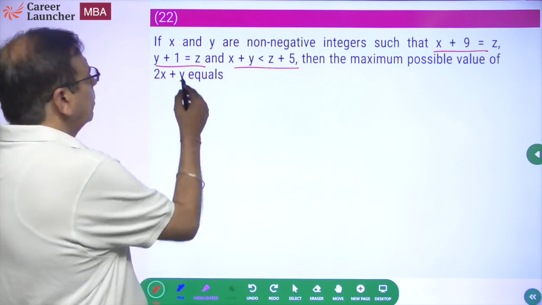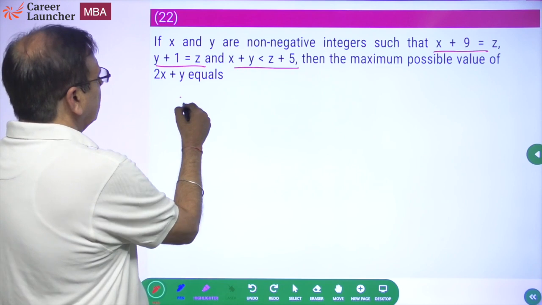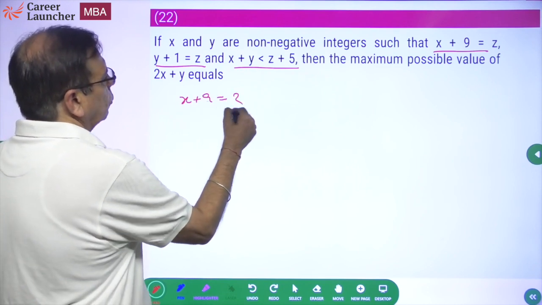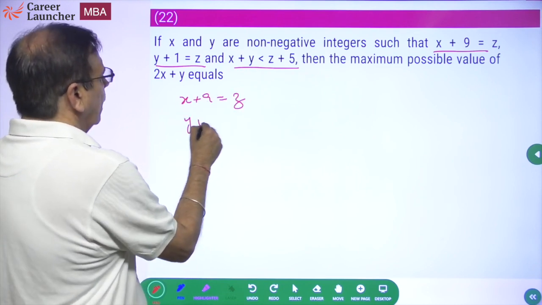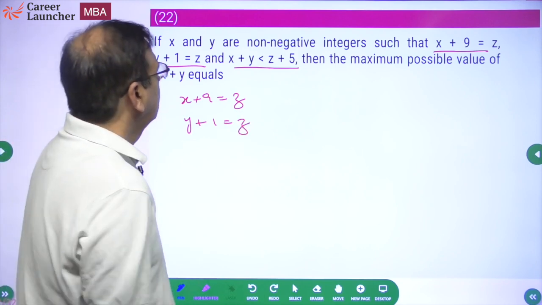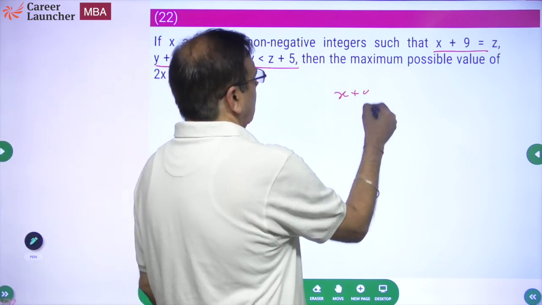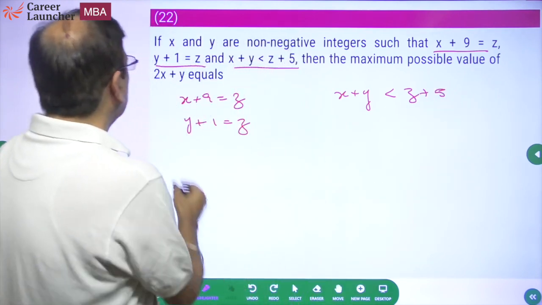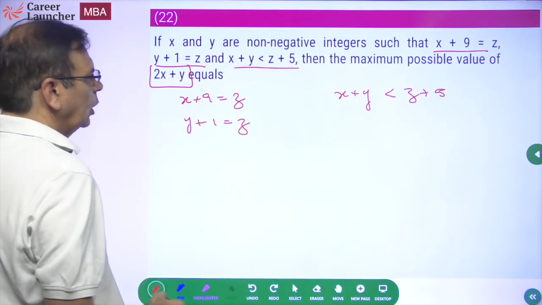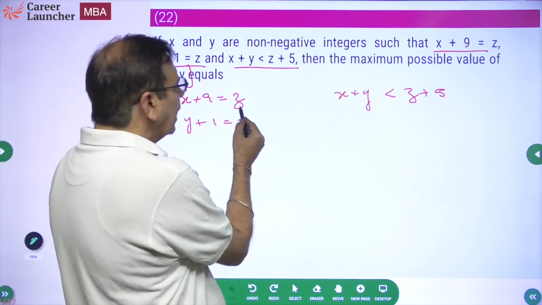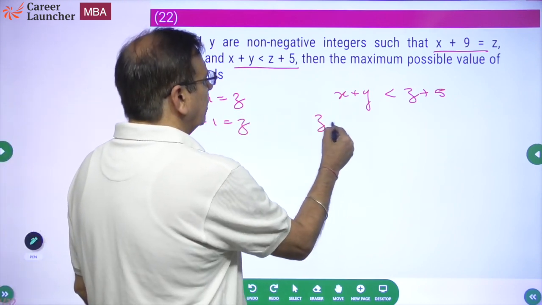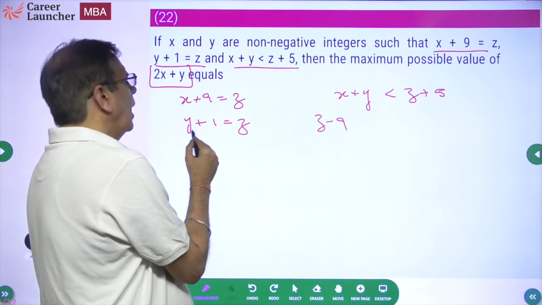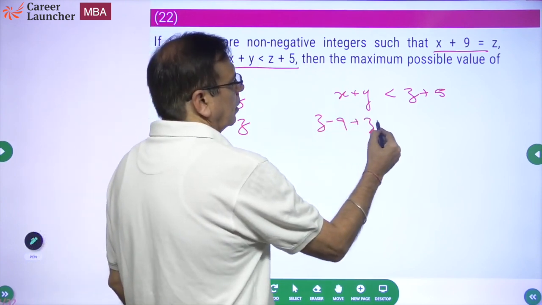Okay, so we know x plus 9 is equal to z, and we know y plus 1 is equal to z. We know x plus y is less than z plus 5. Find the maximum possible value of 2x plus y. चलो देखते हैं. So x plus 9 is z. So instead of x I can write z minus 9, and instead of y I can write z minus 1.